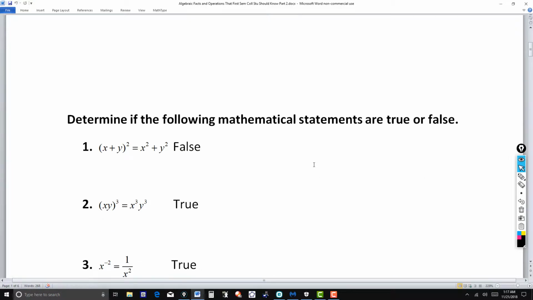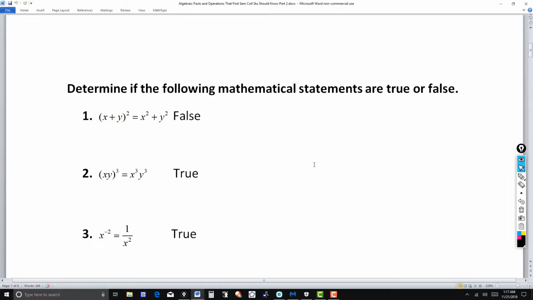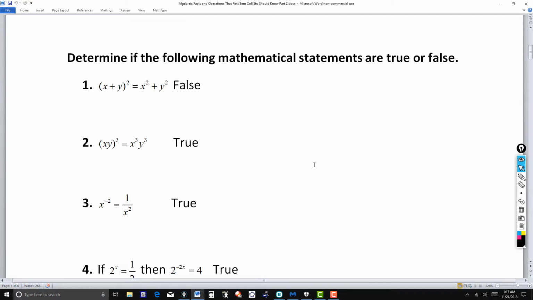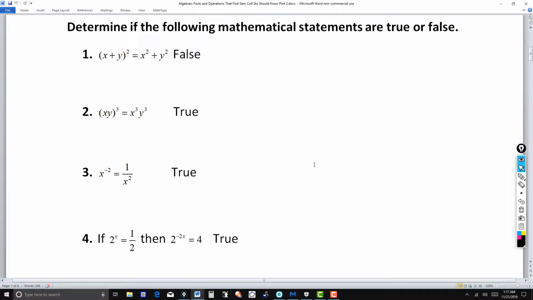Determine if the following mathematical statements are true or false. So I'll just go through slowly. You can pause when I look at these in more detail.